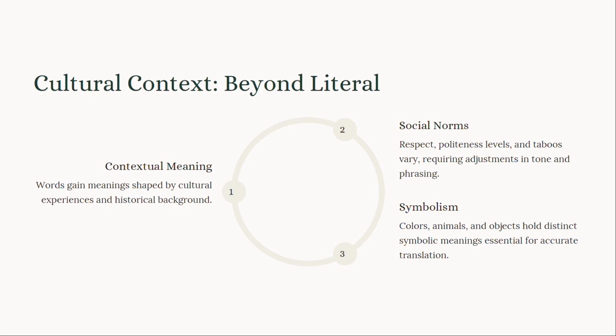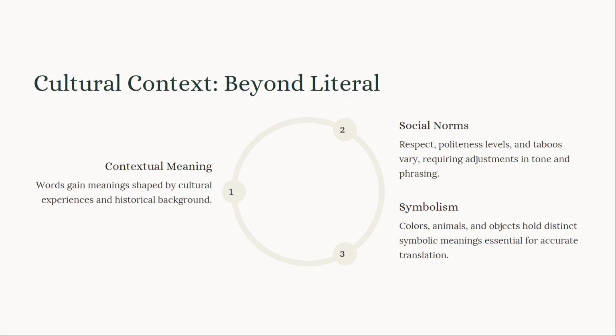Social norms like respect: the moment I say Namaskar and I translate it as hello in English, is it an equivalent translation or not? Politeness levels, taboos, for example, queerness is a taboo. We do not have any kind of equivalent words in Hindi, and that's why it requires adjustments in tone and phrasing.